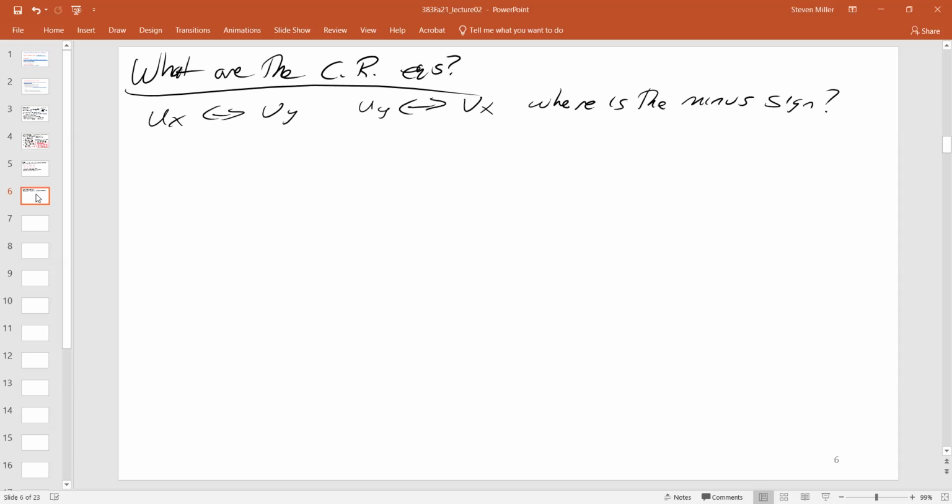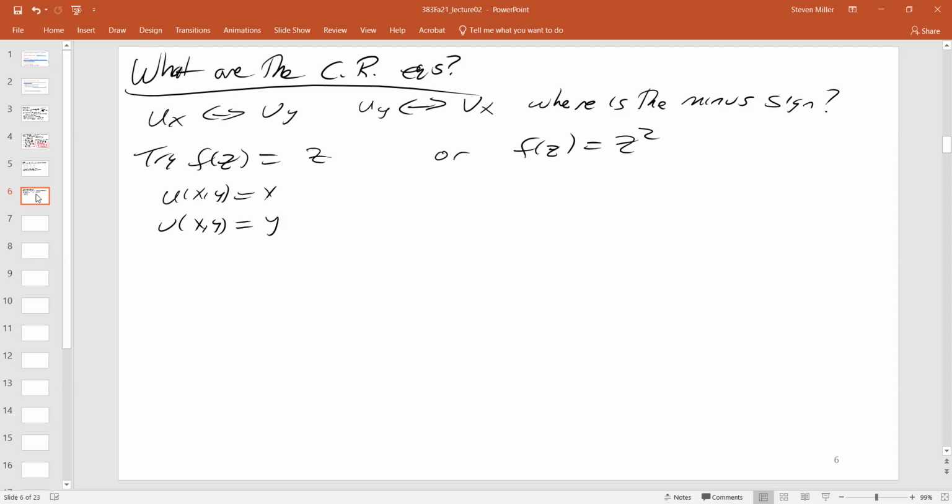Well, if we forget where the minus sign is, all we have to do is choose an example and then do the computation. What might be a good example? Try f of z equals z. And if that doesn't work, try f of z equals z squared, right? One of those should work. Well, if I take this, then I would get u of xy equals x, v of xy equals y, right?